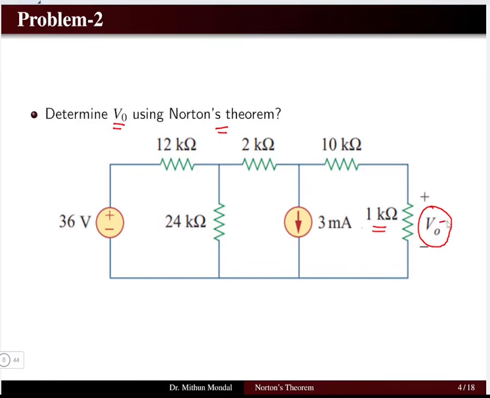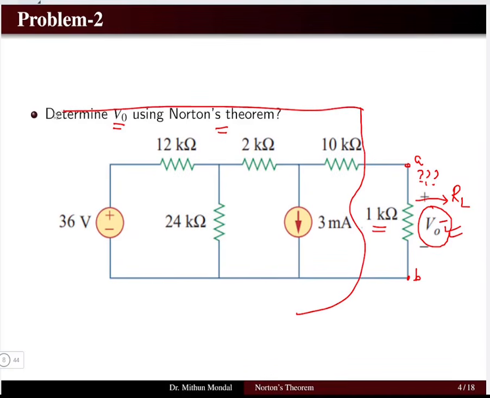That is V0. Wherever the variable we need to determine is, that element is considered as the load terminal. So we can consider this one as A and this one as B as the load terminal, because we need to determine the variable V0 in the circuit. Now we have to divide the circuit into two parts.